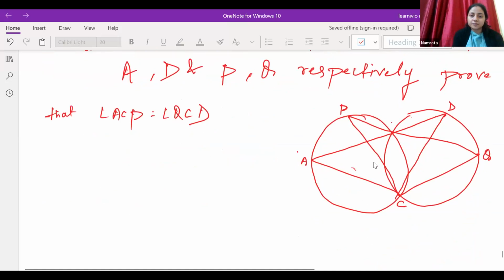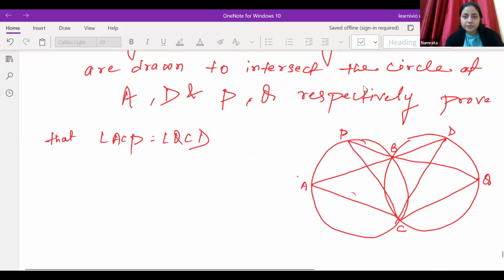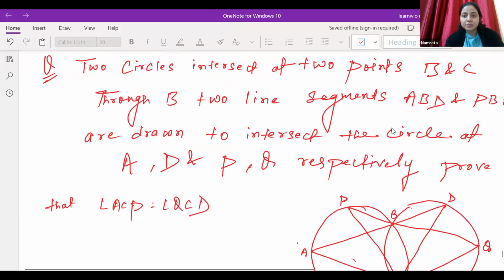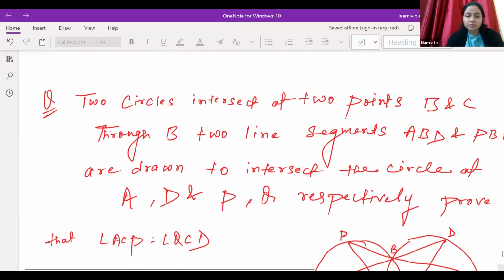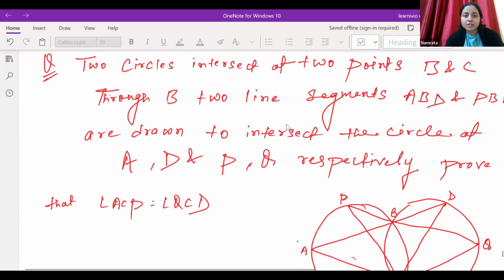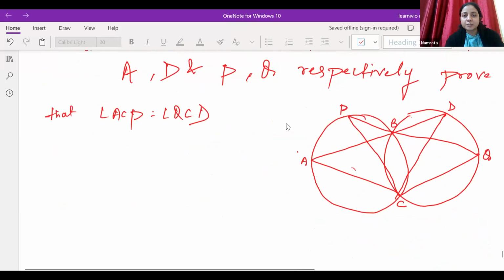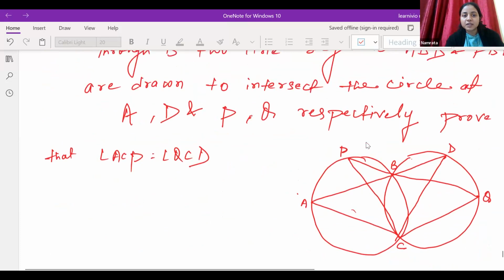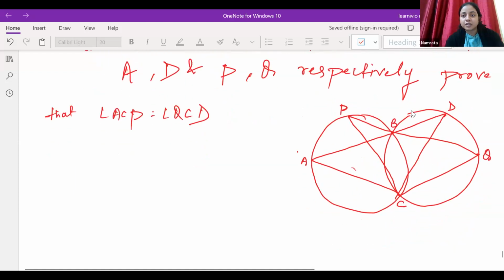This is B. So through B, two line segments ABD, as you can see, and PBQ are drawn to intersect the circle at A, D and P, Q. As you can see, A, D, P and Q respectively. Prove that angle ACP is equal to angle QCD. That's what we have to prove over here.